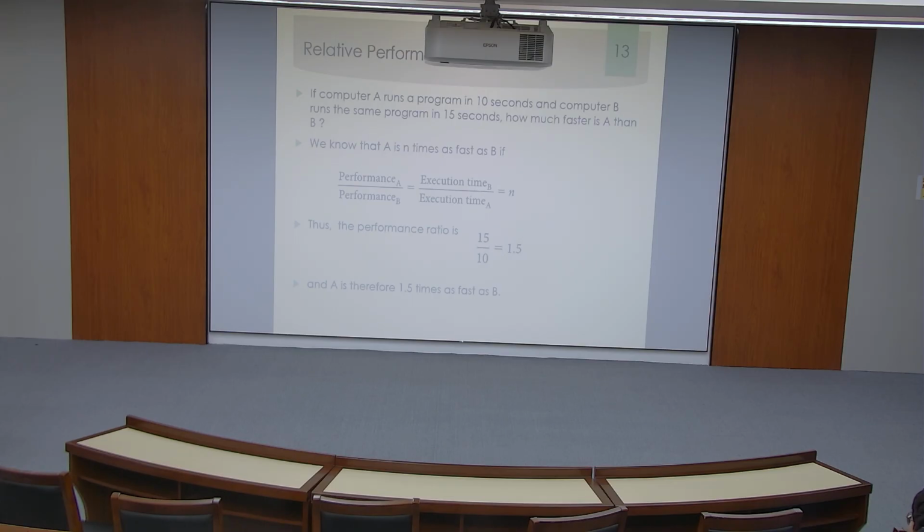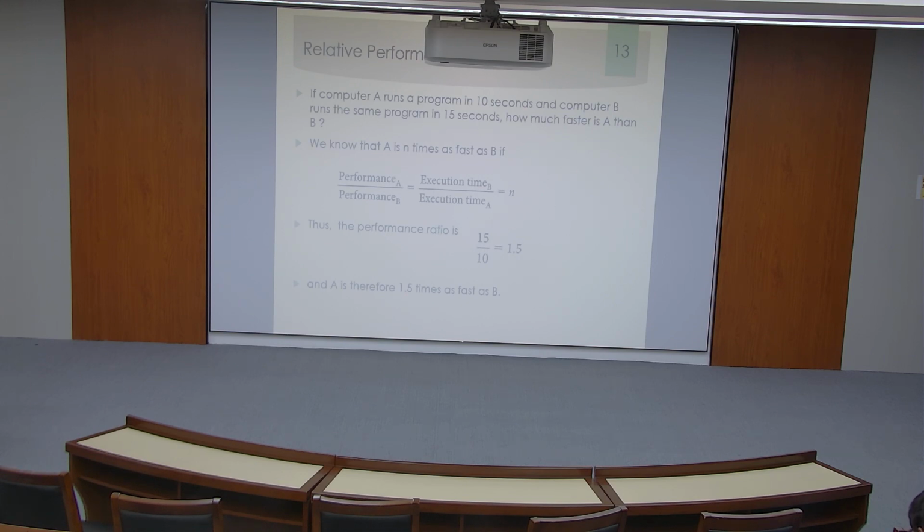So execution time for computer B is 15 seconds. Execution time for computer A is 10 seconds. Thus, our computer A is 1.5 times faster than computer B. So this is what we call relative performance.